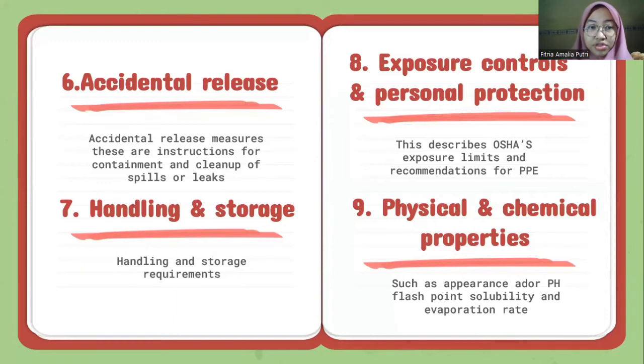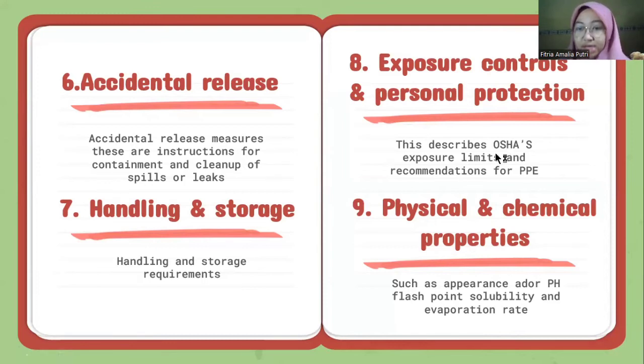Accidental release measures are instructions for containment and cleanup of spills or leaks. Section 7 is handling and storage, with handling and storage requirements.